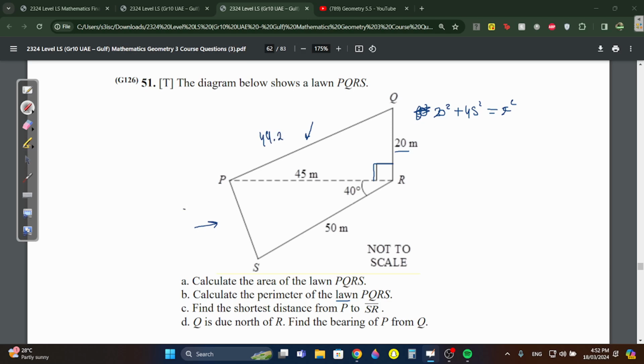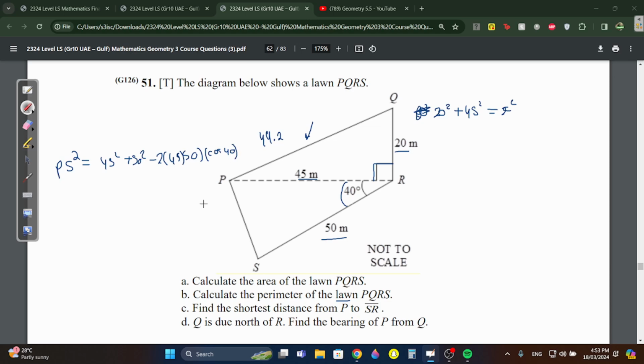How about here? Here we can use the cosine rule, because you have the angle and the other two sides. You need to do the cosine rule. PS squared equals the other two sides squared, 45 squared plus 50 squared minus 2 times the other two sides, 45 times 50 times cosine of the angle, 40.